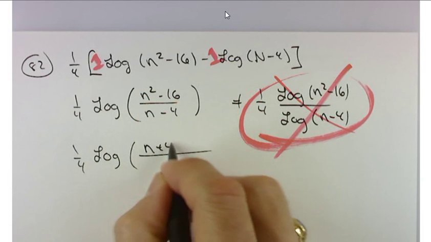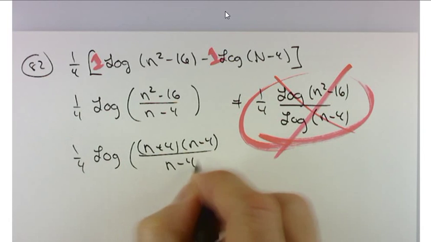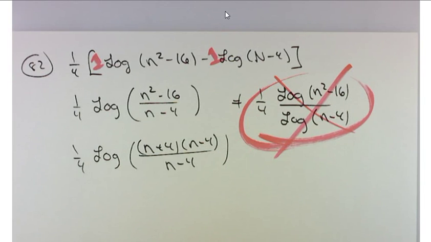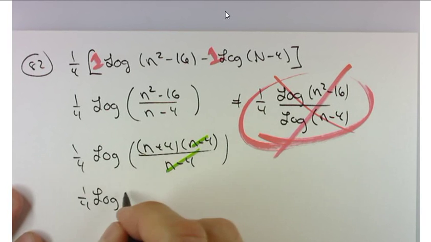N plus 4, n minus 4, and there's a couple of you that volunteered on that. Now can I cancel? Absolutely. Those cancel. So we're getting some nice work done without having to worry about this thing yet.